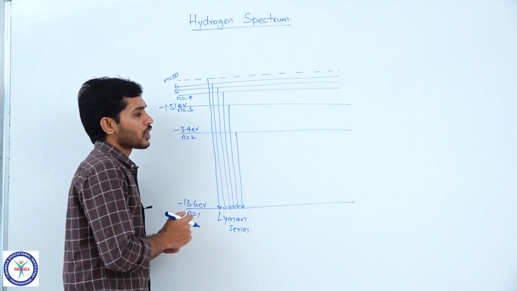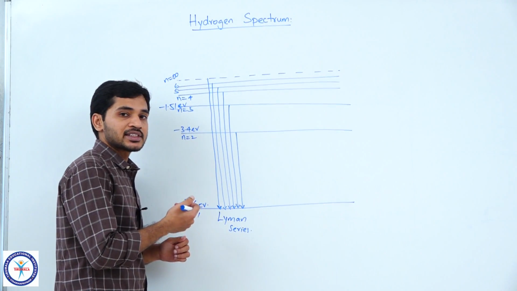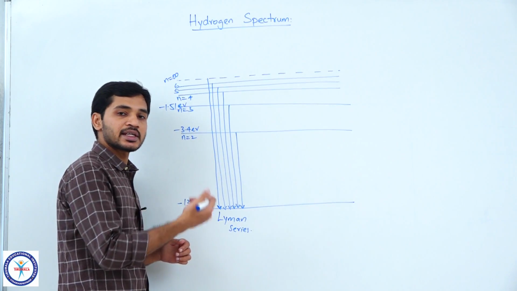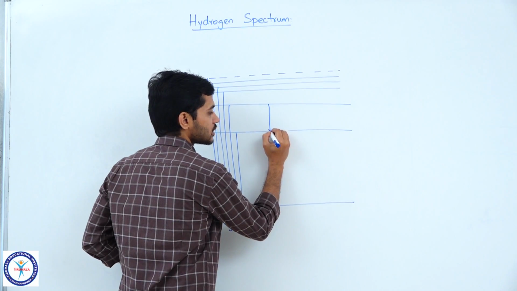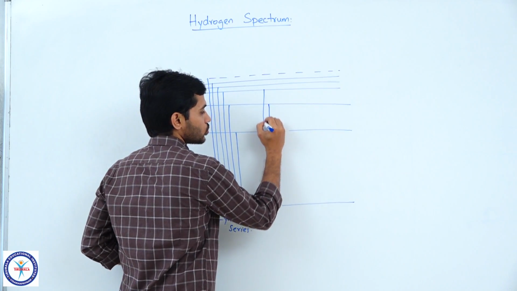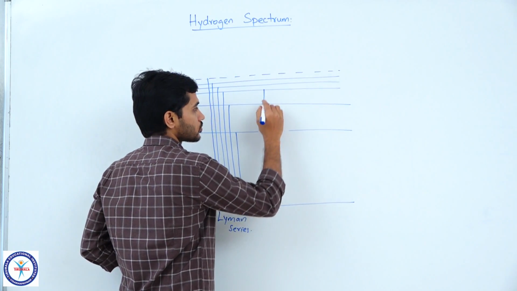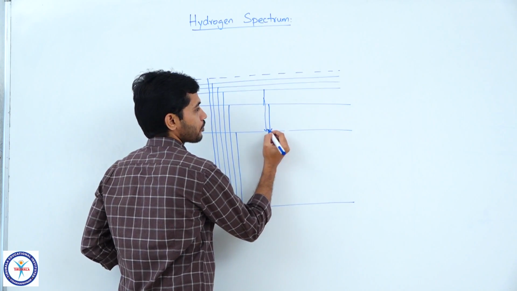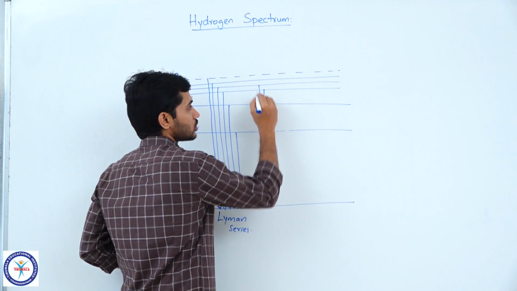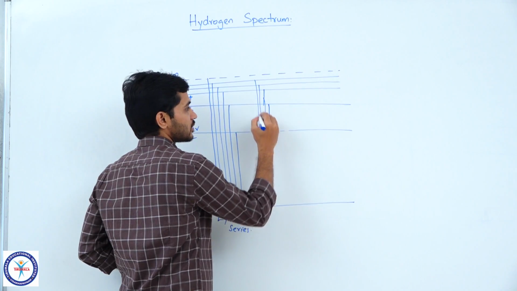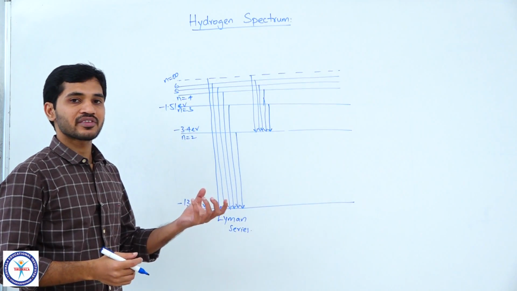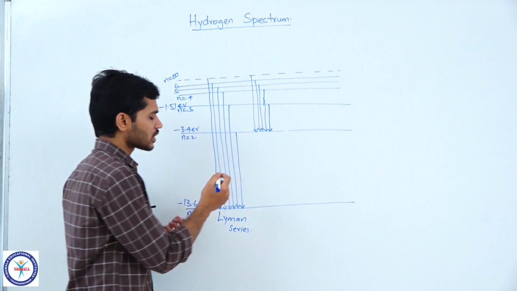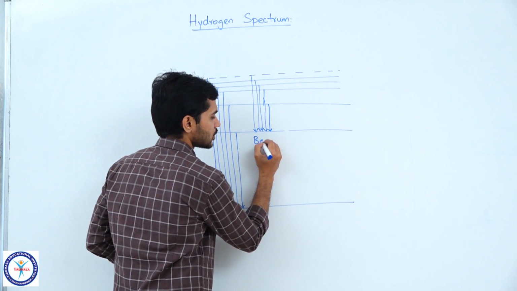Now similarly, if I consider all possible transitions from a higher state to the second state, so n is equal to 3 to 2 transition, 4 to 2, 5 to 2, 6 to 2 and similarly infinity to 2. The collection of all these wavelengths, we call the Balmer series.